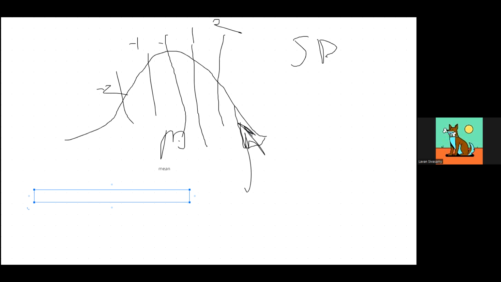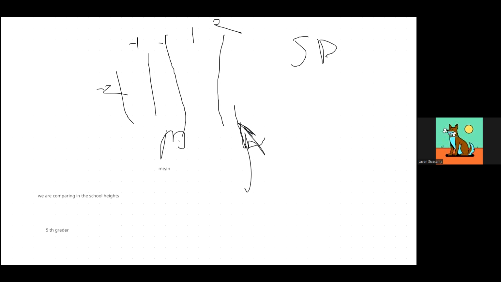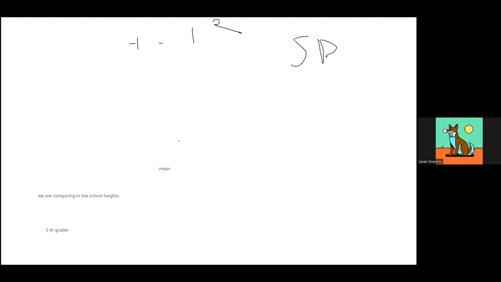And to be specific, we're only comparing not all the people, but only 5th graders. So if I were to draw a diagram for that, where's that? Boom, boom, boom. It would be like this.